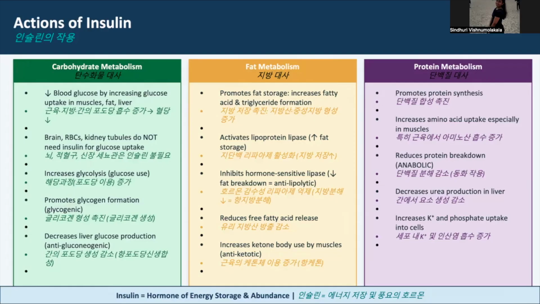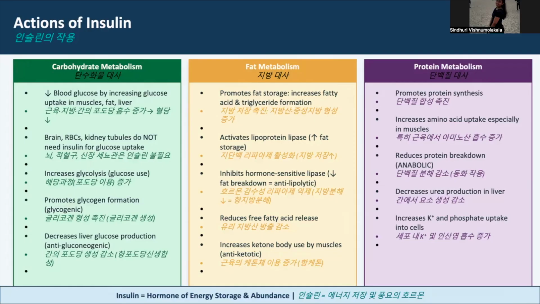So insulin produces hypoglycemia by the following mechanisms. How? It increases peripheral utilization of glucose. That means the glucose that is in the circulation is transported to the muscles, eyes, pituitary, and so on.